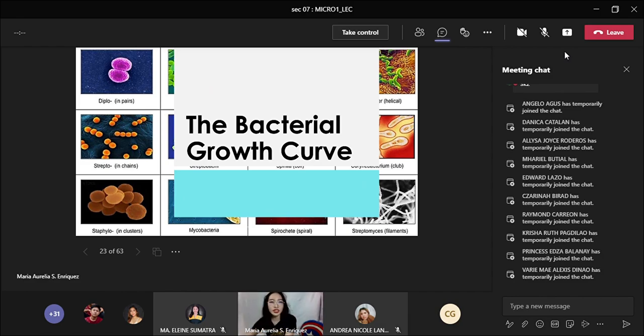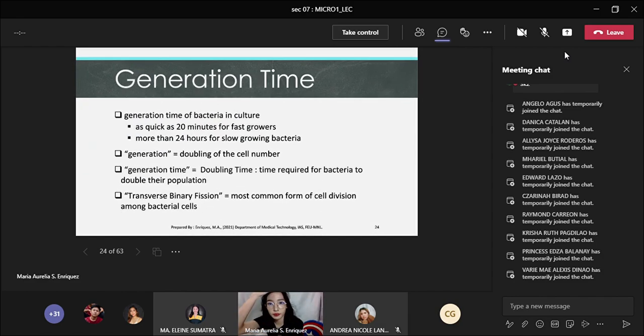Let's proceed with the bacterial growth curve. Okay, so let's first familiarize ourselves with these terminologies para po mas madali nating maintindihan yung bacterial growth curve. Okay, so generation time of bacteria in a culture can be as quick as 20 minutes for fast-growing bacteria such as Escherichia coli, or as long as 24 hours for slow growers like Mycobacterium tuberculosis.